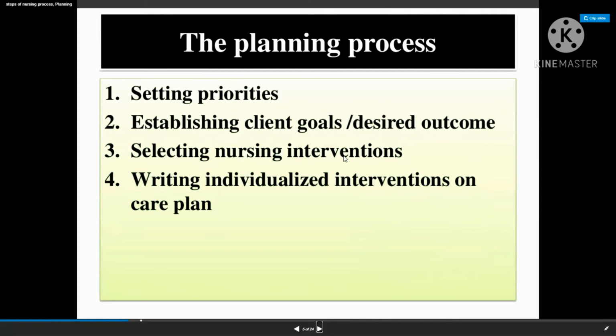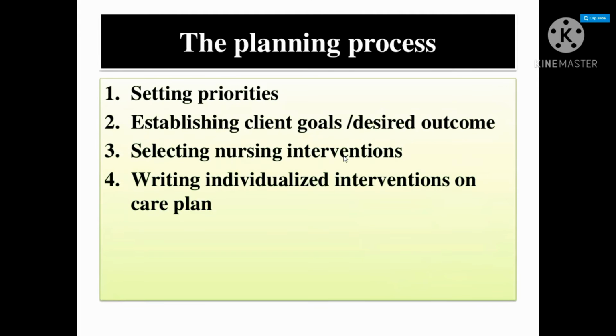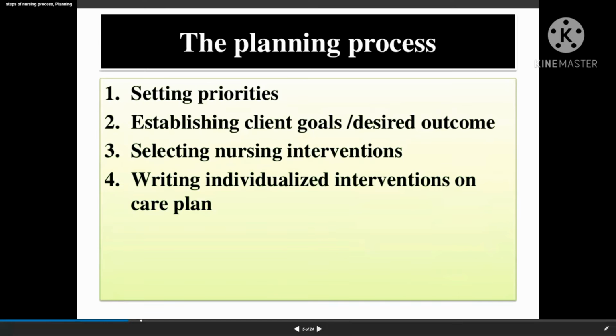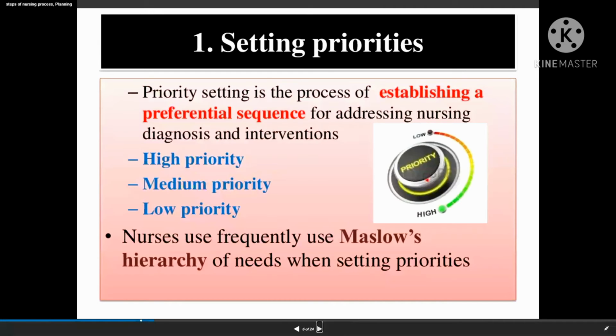What kind of interventions you are going to provide? That is a nursing intervention. Then writing individualized interventions on the care plan, because this is the planning step, isn't it?